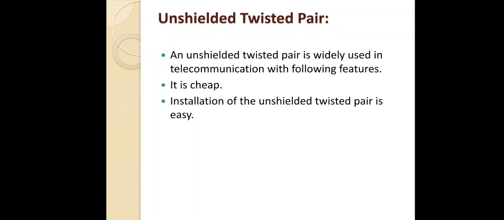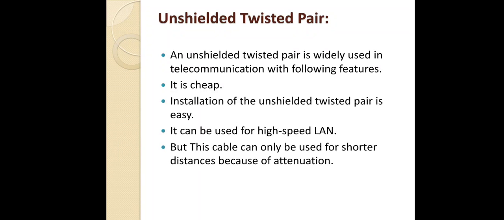Installation of unshielded twisted pair is easy. It can be used for high-speed LAN, but this cable can only be used for shorter distances because of attenuation. Attenuation means the loss of signal strength. The strength of the signal in this cable is not higher as compared to shielded twisted pair.